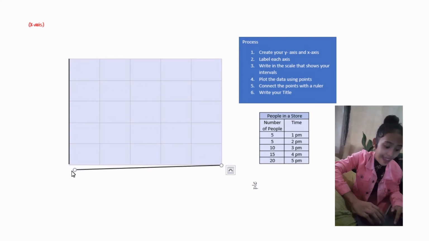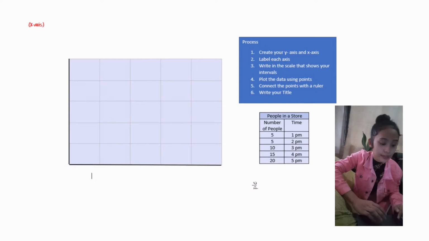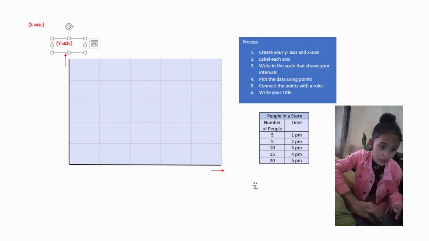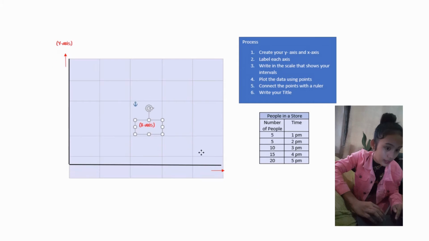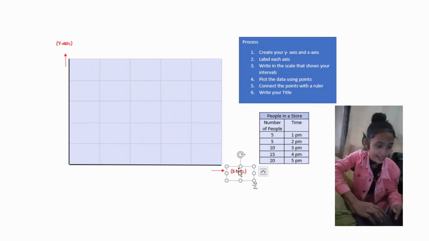The y-axis shows the number of whatever is being measured, while the x-axis shows the different times or names being compared. So the vertical line here is the y-axis and the horizontal line is the x-axis.